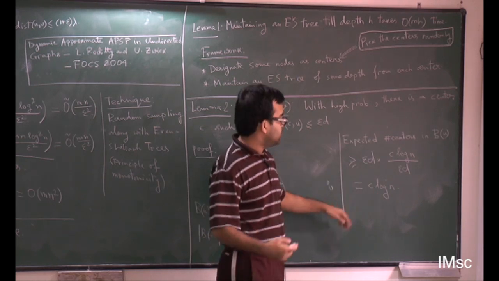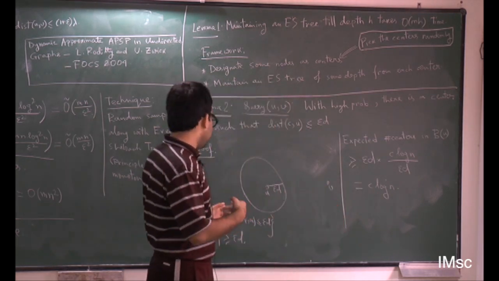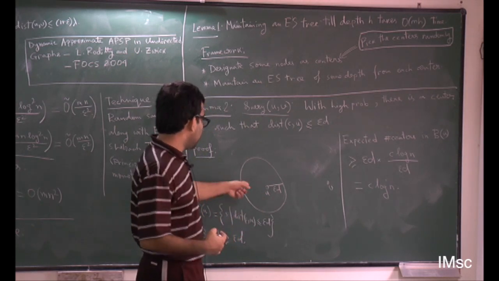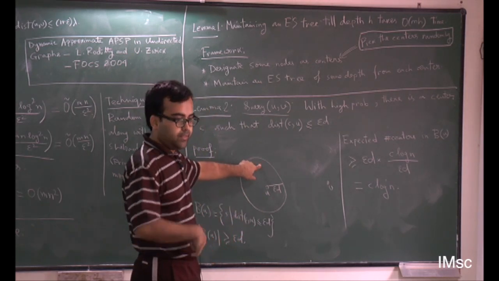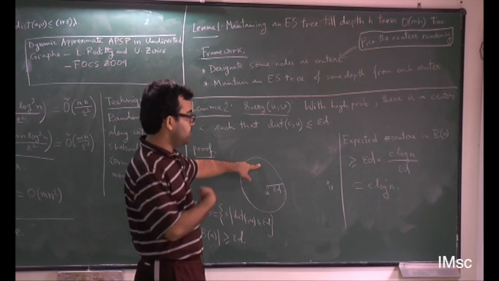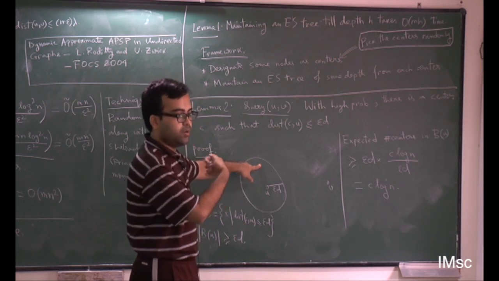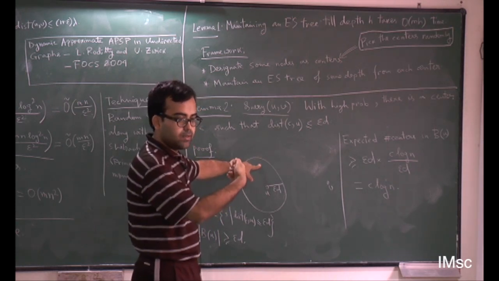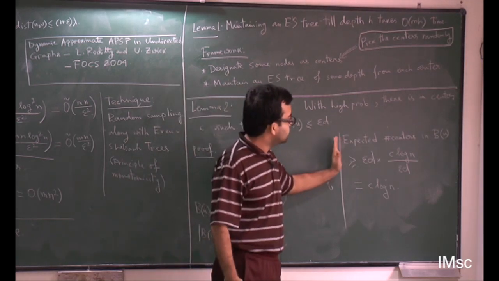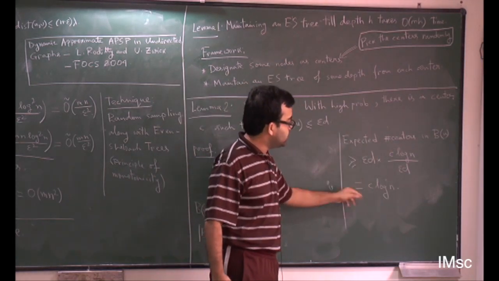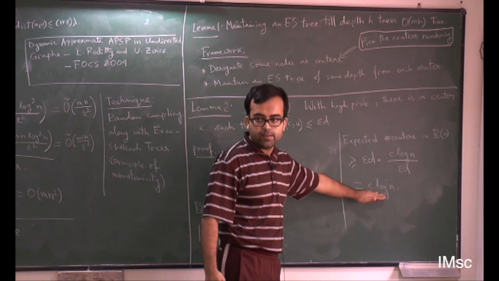And basically there are some indicator random variables, one corresponding to each node, and that random variable is turned on if this is a center and off if this is not a center. And what it says is that the sum of the expectations of these random variables is at least C log n.